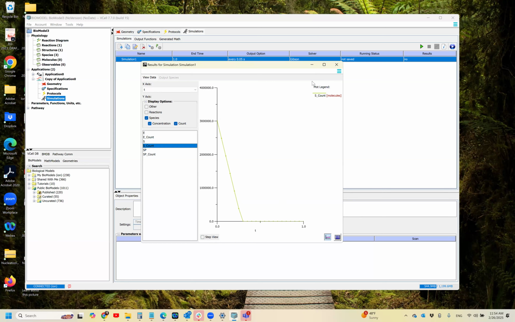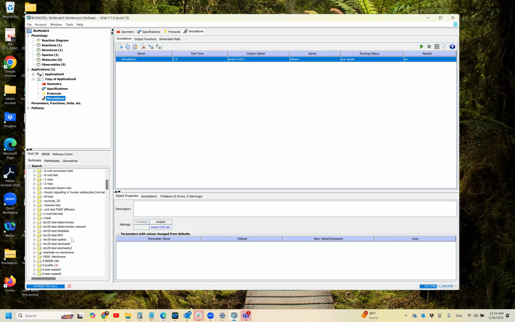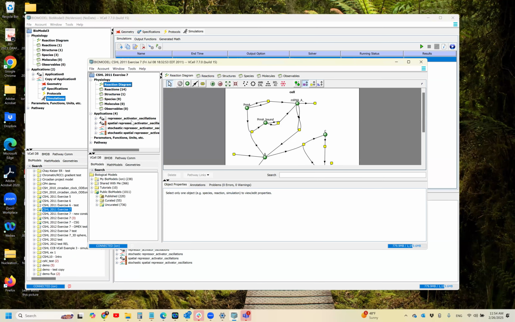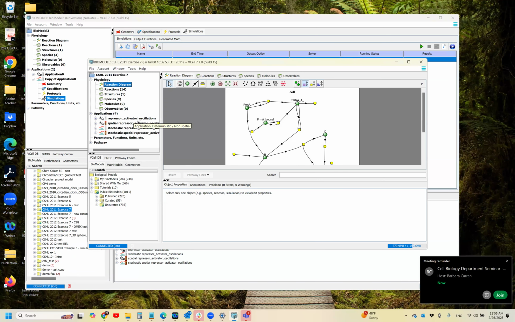This can get a lot more complicated and have significant effects on your system, which you can take a look at in the tutorial application. I can show you a public model of a circadian cycle in bacteria where you can illustrate the actual effects of these stochastic interactions.